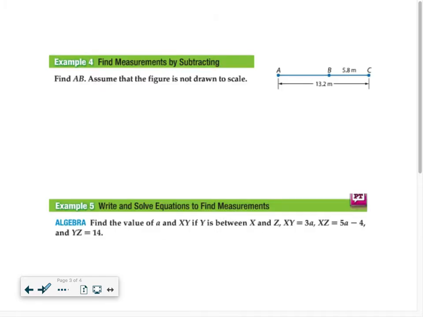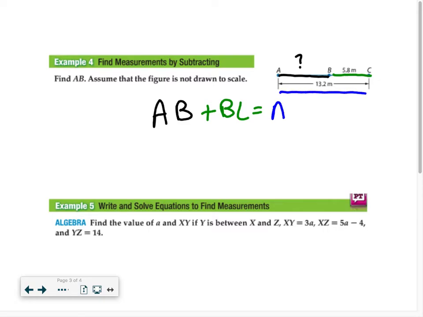Find measurements by subtracting. So here we're trying to find AB. Segment AB is just that piece. Using the segment addition postulate, AB plus the other small piece, BC, would equal the entire segment, in this case AC.